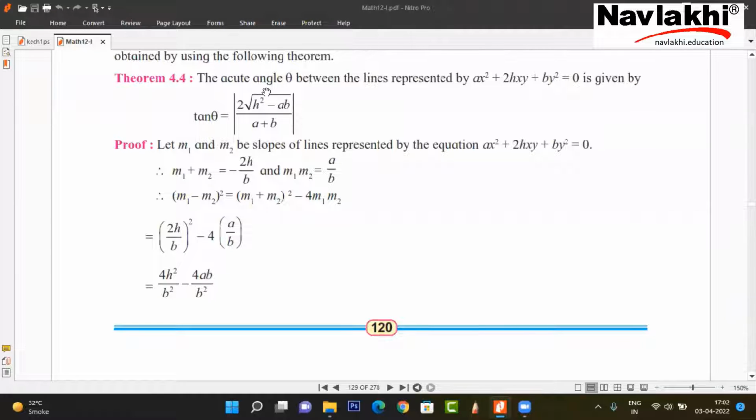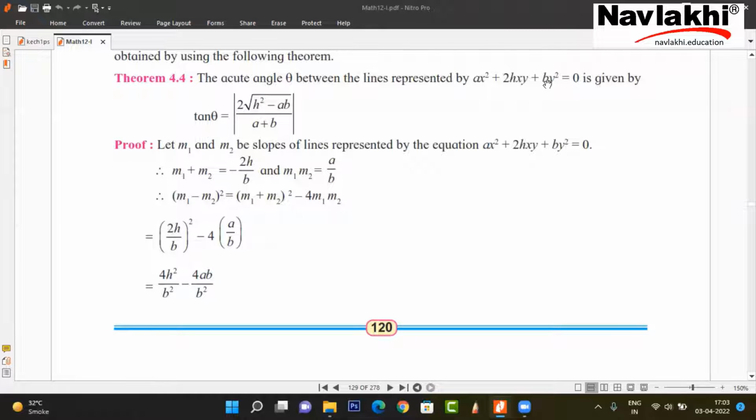In type 2, our formula goes that if there are two lines, both passing through the origin, then its joint equation I can compare with ax square plus 2hxy plus by square equal to 0. Get the value of a, h, and b. If both the lines make an angle theta between them, I want the angle between those two separate lines.